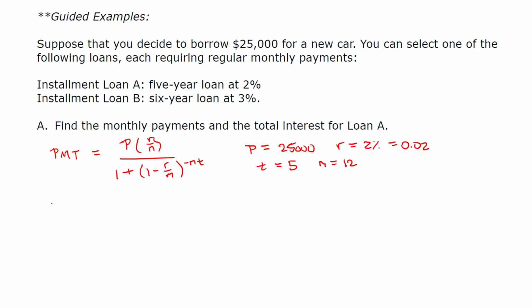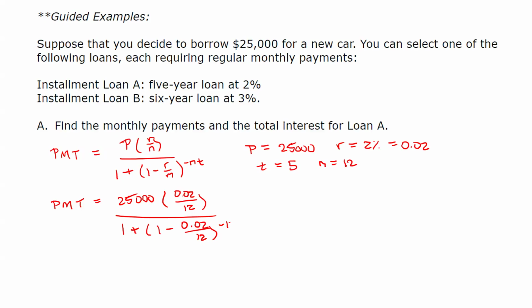So when we substitute this into our formula, we'll get 25,000 times 0.02 divided by 12, all of that divided by 1 minus (1 plus 0.02 divided by 12) to the exponent of negative 12 times 5.